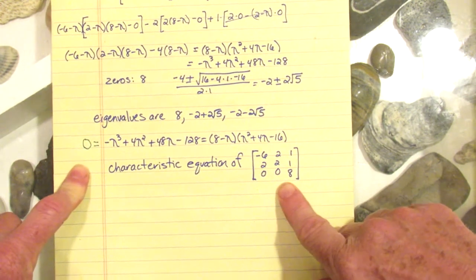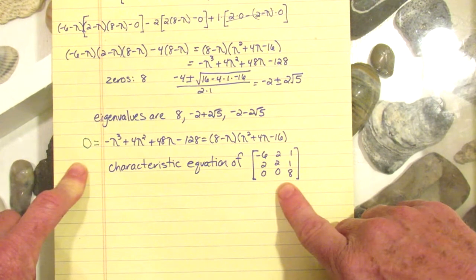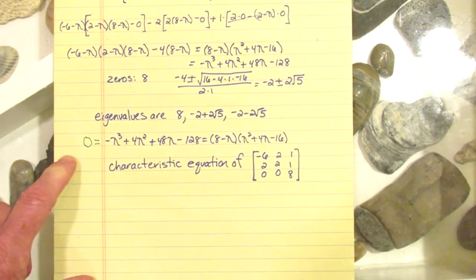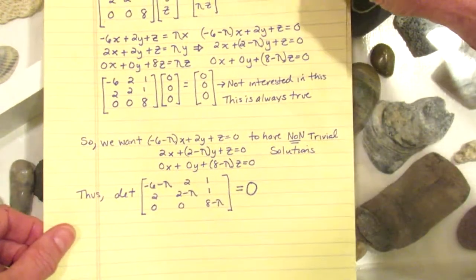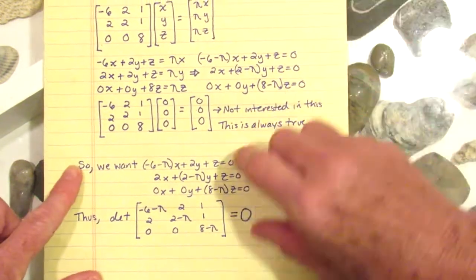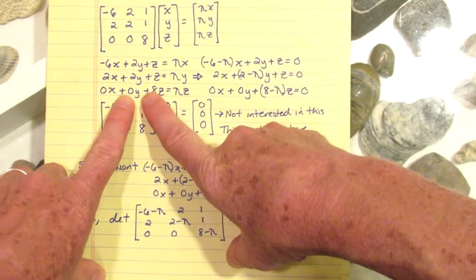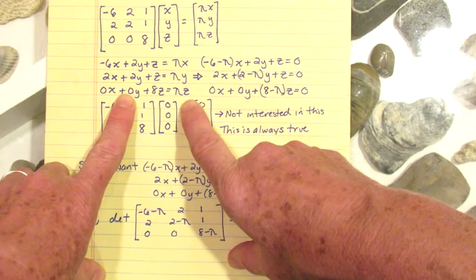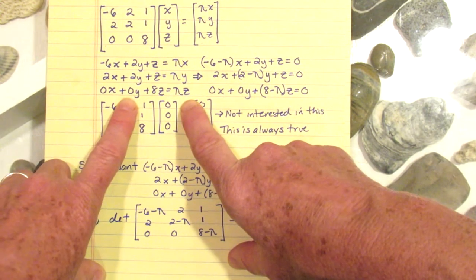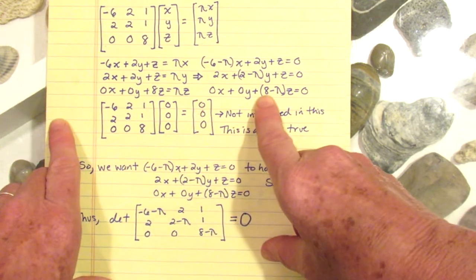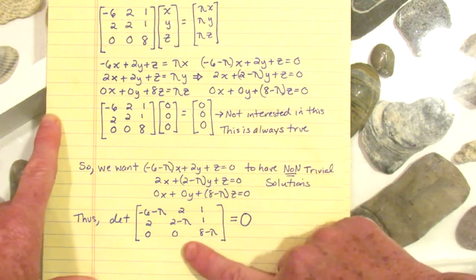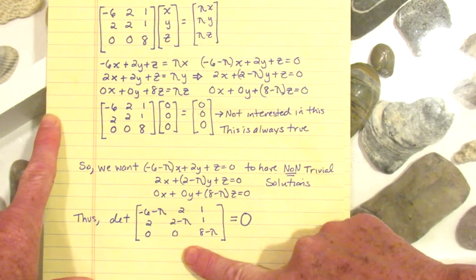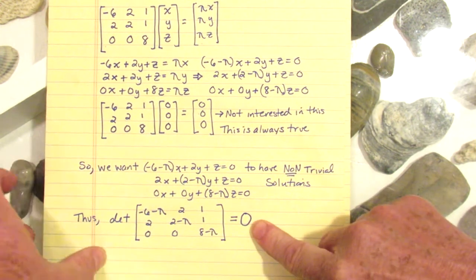And that's how you find the eigenvalues. You consider this idea that you want this multiplication to equal a constant multiple of the vector you started with. You create a system set equal to 0, and then the determinant of that system has to equal 0.